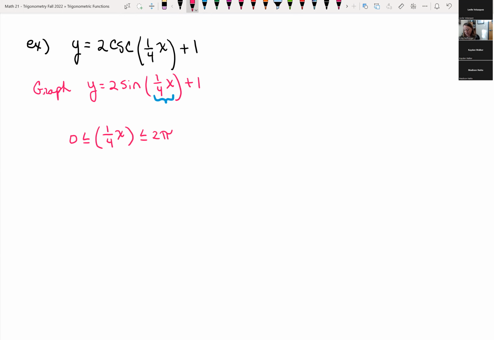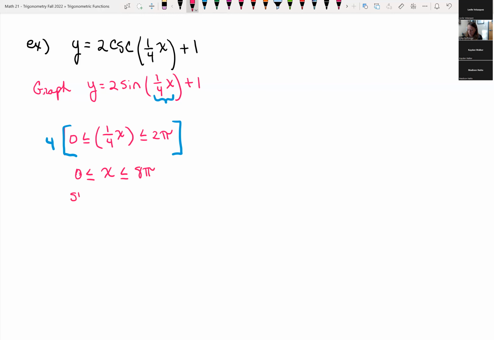And so now solving for x in between, we could multiply both sides by the reciprocal of 1/4, which is 4. So multiplying each side of the inequalities by 4, we get 4 times 0, which is 0, is less than or equal to 4 times 1/4 x, which is x, is less than or equal to 4 times 2 pi, which is 8 pi.